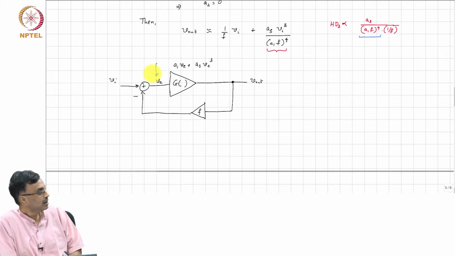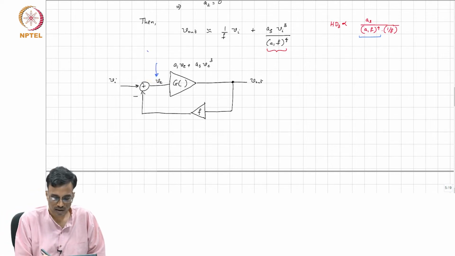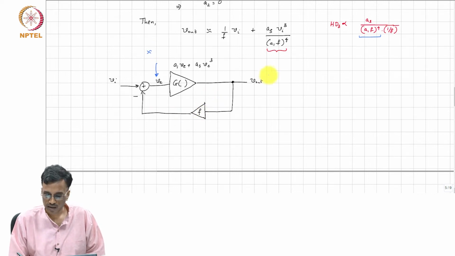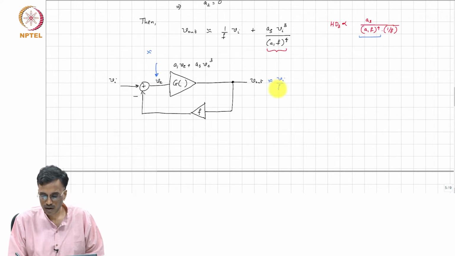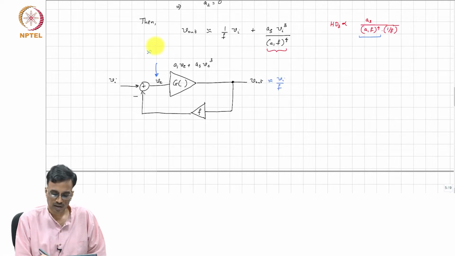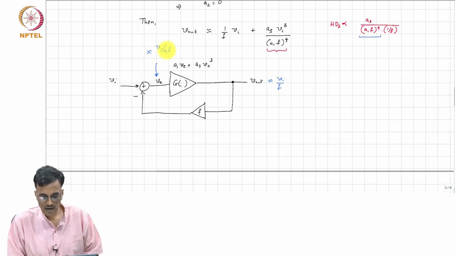See, if A1f is very large, the output voltage is approximately Vi by f, correct? If the output voltage is Vi by f, what comment can you make about the error voltage? Approximately Vi by A1f, correct? All right.